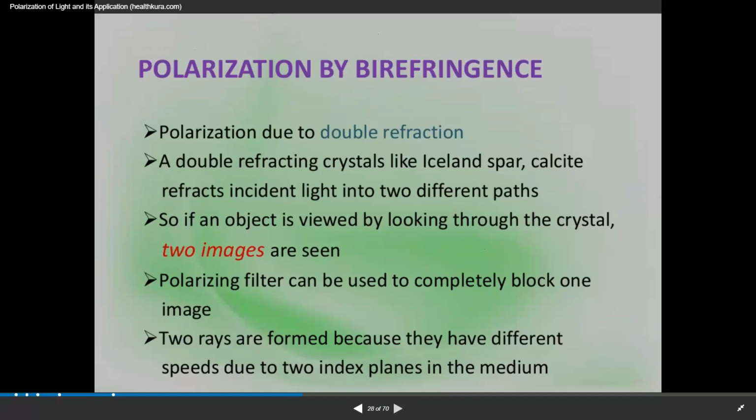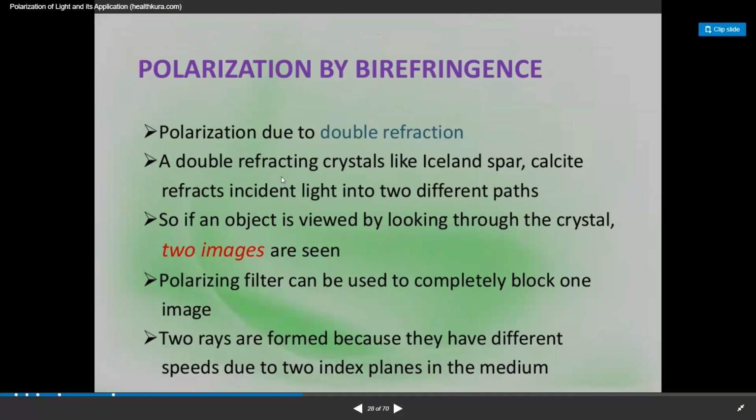And also, polarization by birefringence. It is also called double refraction. That means when we view any object through this crystal, two images are seen. Why?